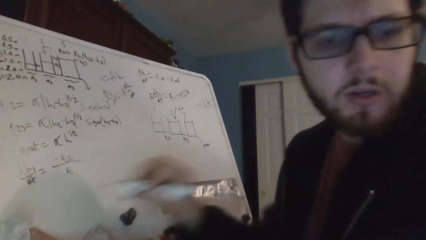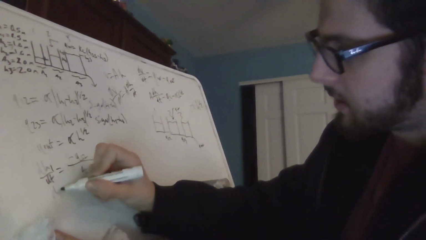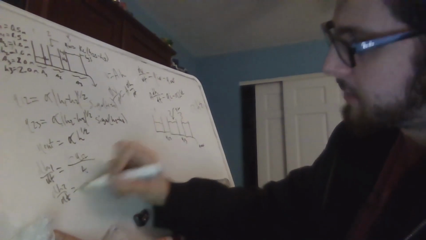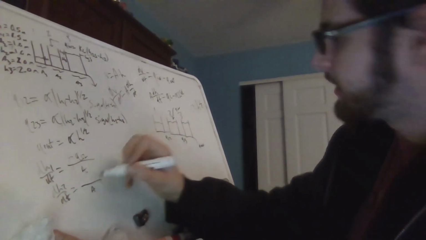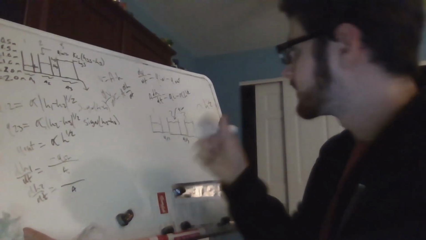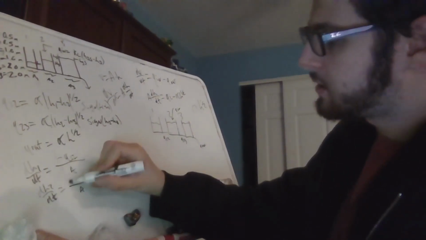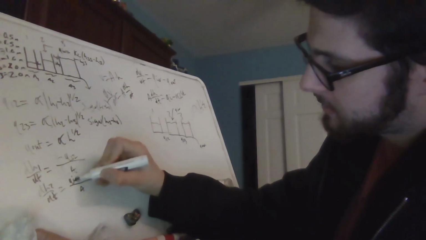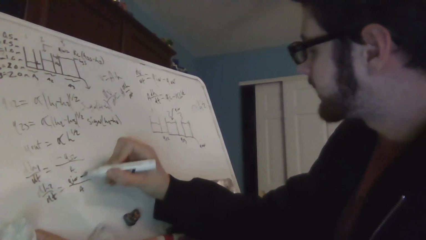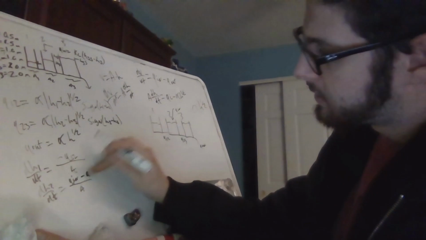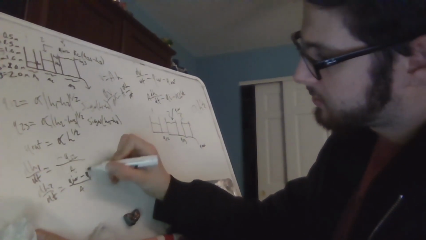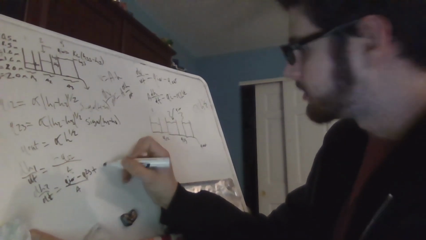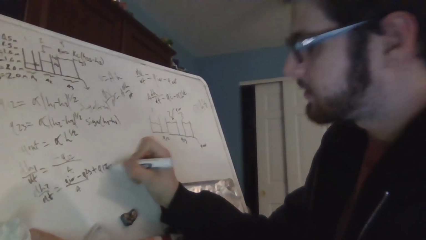And for dh2/dt, it's going to be also over A, but in this case we do have something going in, so it's going to be Q in minus Q2 to 3, and also another thing going in is Q1 to 2, so we're going to add Q1 to 2.